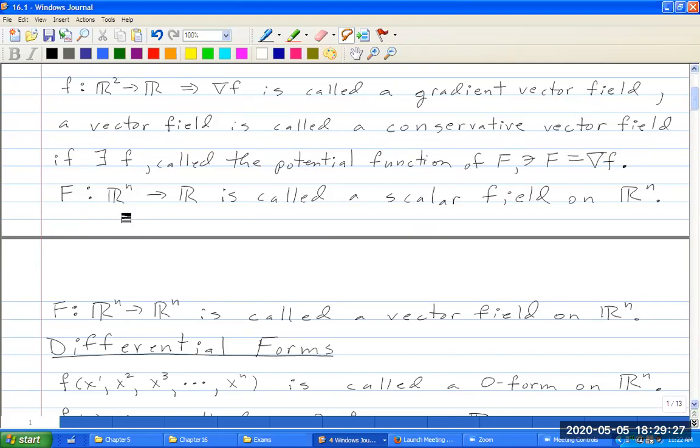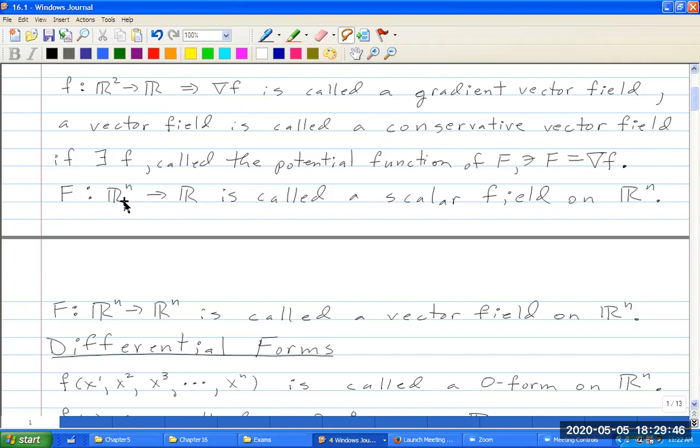F going from Rn to R is called a scalar field on Rn. At each point in space, you have some single scalar quantity.